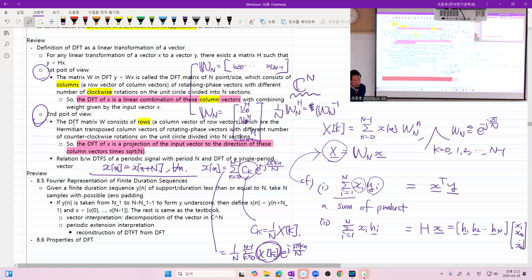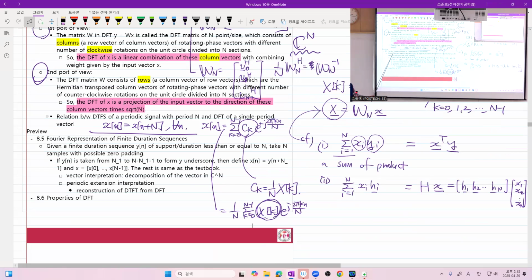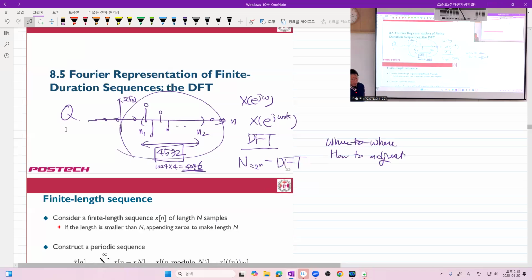Anyway, here we will focus on, and actually we talked about it in the last class meeting too, finite duration or time-limited discrete time signals. Here we have all zeros except for some finite duration.